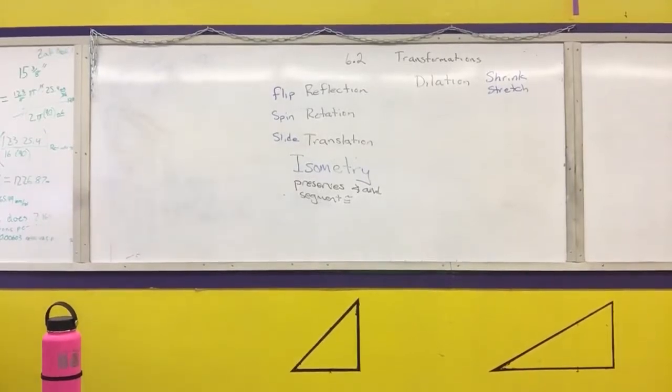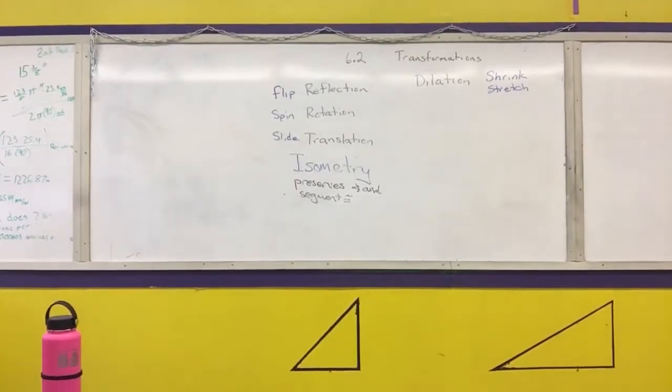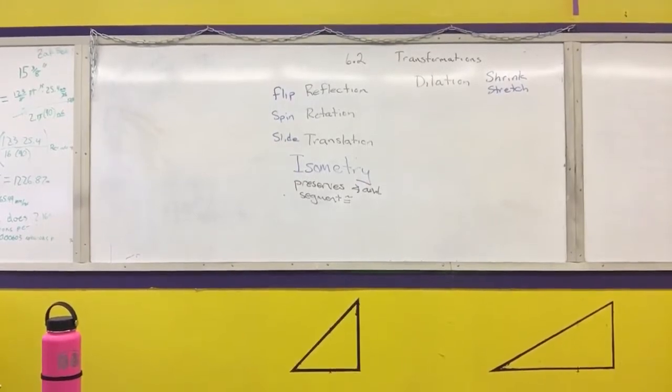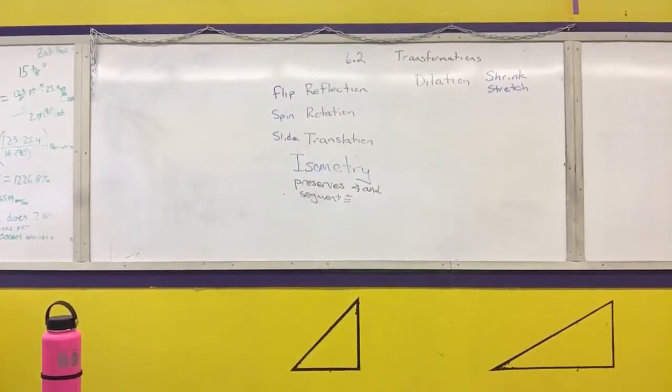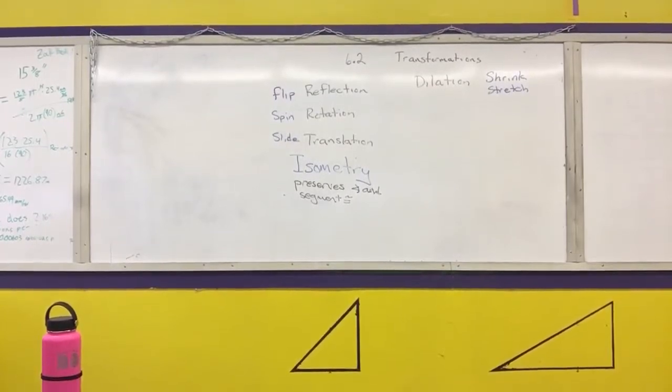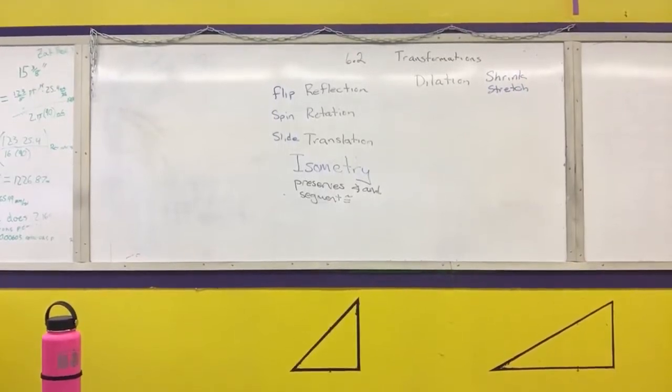So if you're using one of those three transformations on the left-hand side, the new figure you get is going to be congruent to your original figure. So the reason why I skipped the section on reflections, the section on rotations, and the section on translations is because it used an entire section to say the exact same thing for those three things: those three things maintain congruence.